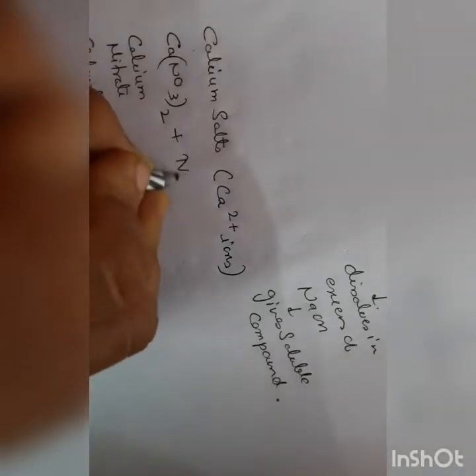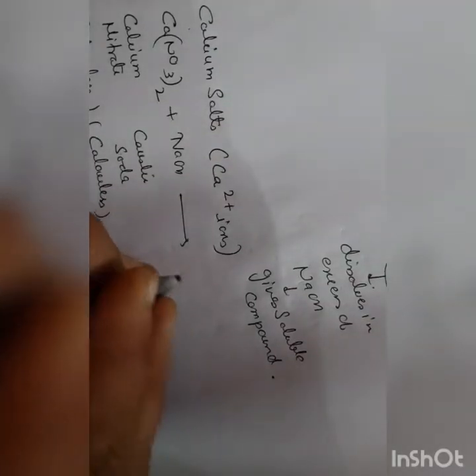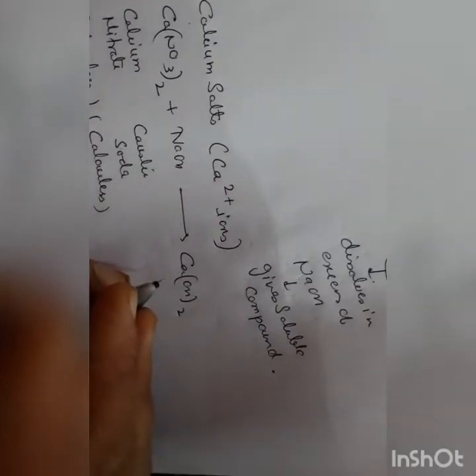We will add caustic soda drop by drop. Caustic soda is also colorless. Reaction will take place and we will get white ppt of calcium hydroxide.